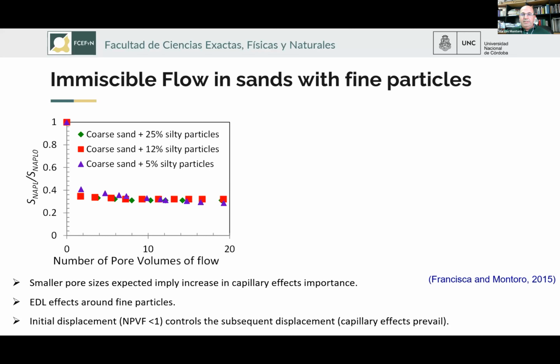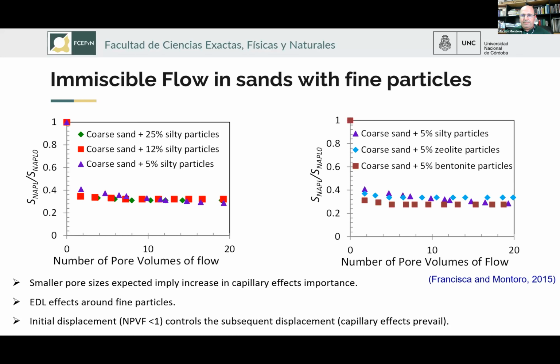This figure presents the change in the relative NAPL saturation after flushing the specimens of coarse sands prepared with different amounts of silty particles, initially saturated with NAPL. The figure on the right presents similar information for specimens of coarse sands prepared with the same amount of fine particles but of different mineralogy.